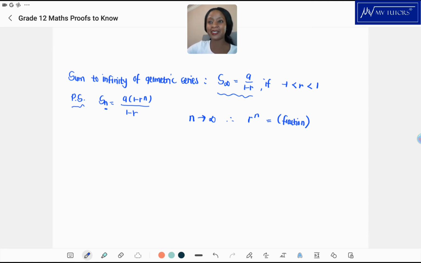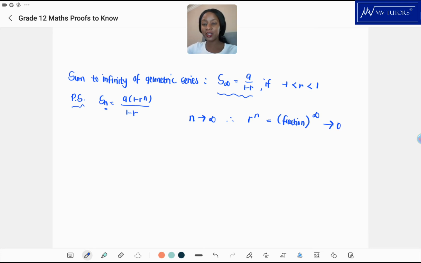So we have that fraction, and we're taking that fraction to the power infinity. If you take a small number and take it to the power infinity, it's going to be even smaller. It will tend to 0 ultimately.